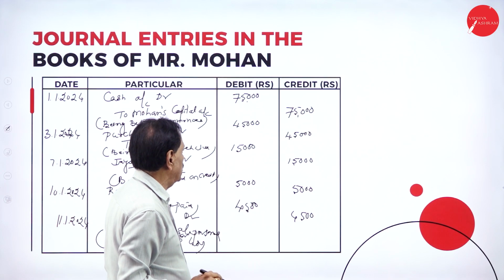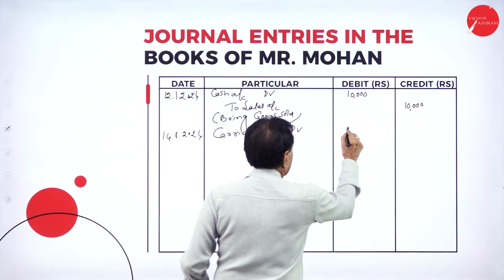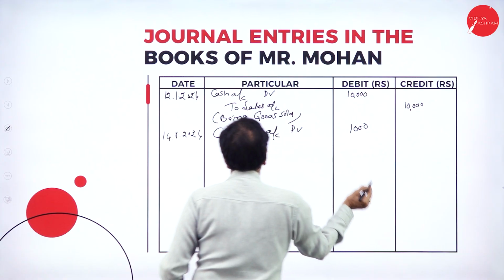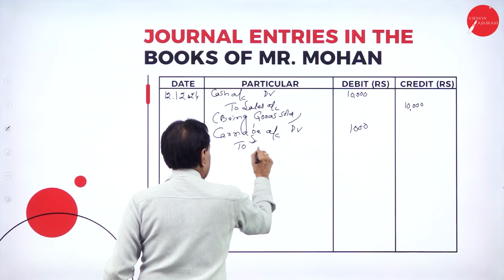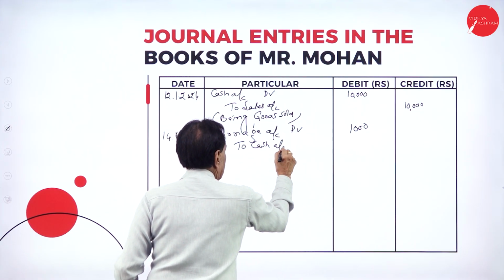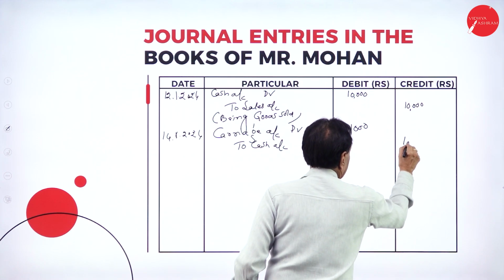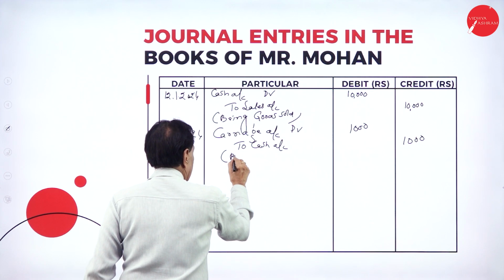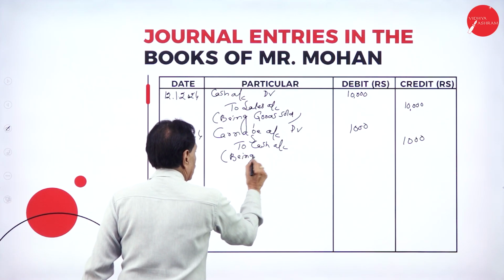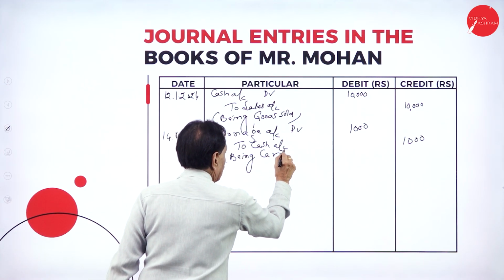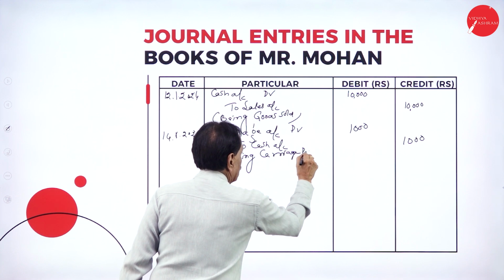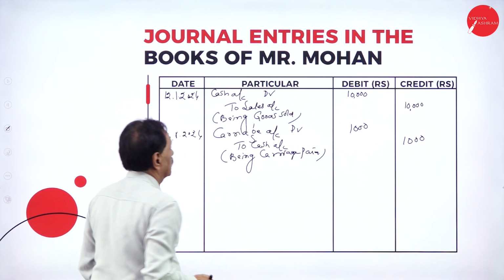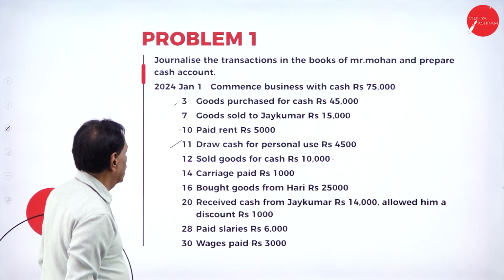Carriage 1,000, to cash account, 1,000. Being carriage paid. So the 14th is over.